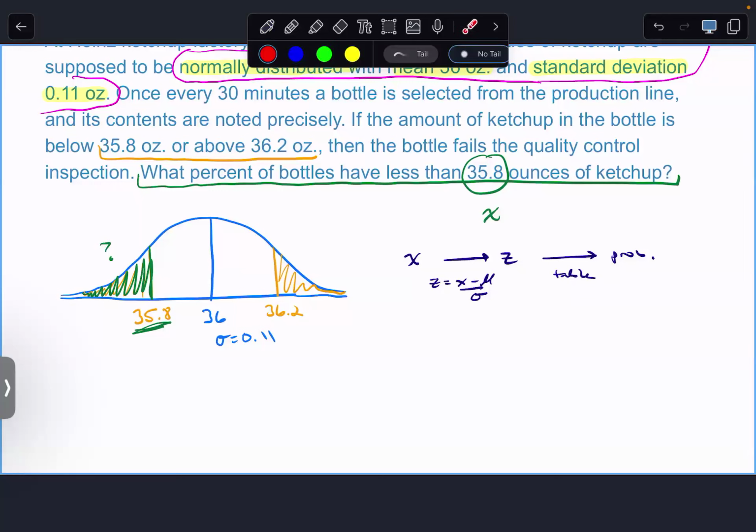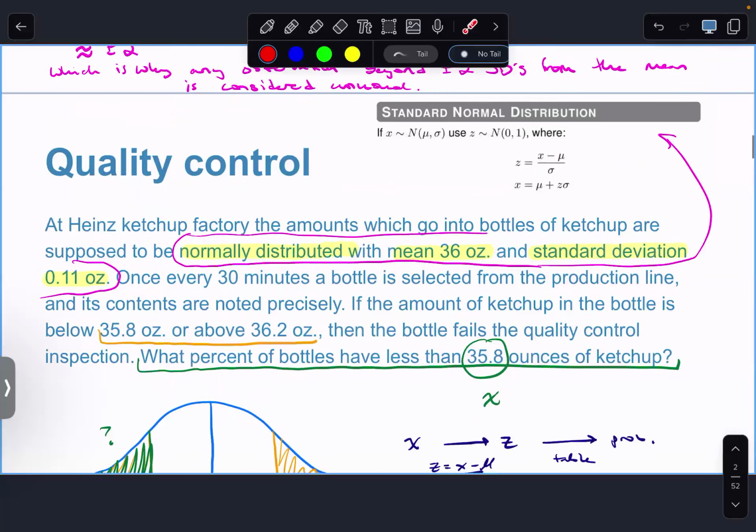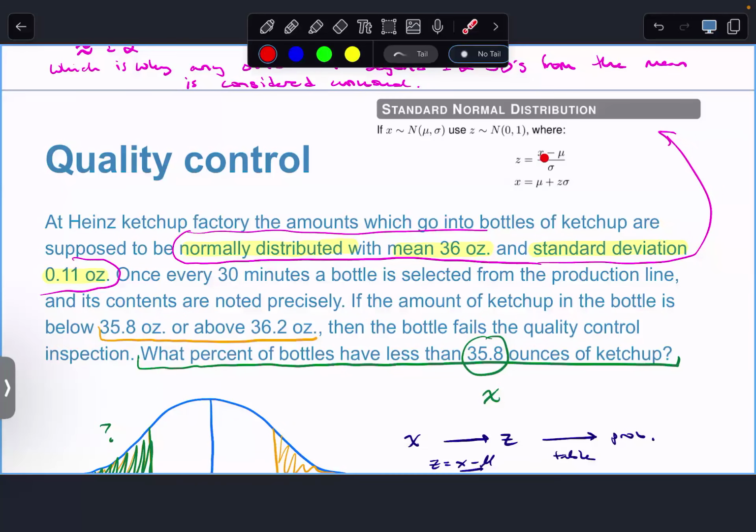Later, we're going to reverse this process and work backwards. But for now, it's a two-step process. So from the formula sheet, you have that Z is X minus mu over sigma. The hardest part, I think, in the beginning is identifying which one is the X, right? What thing is it that I'm interested in?